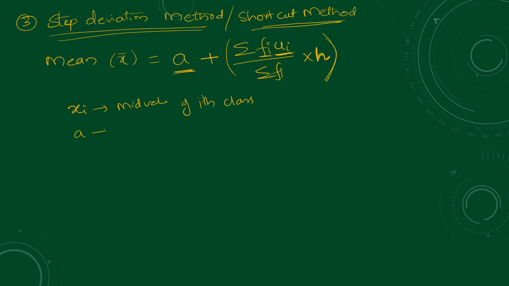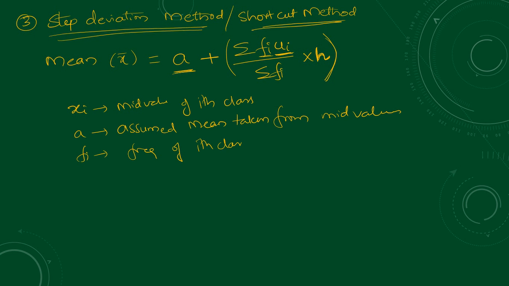Next, A is nothing but assumed mean, taken from mid values. Next, Fi is nothing but frequency of ith class interval.